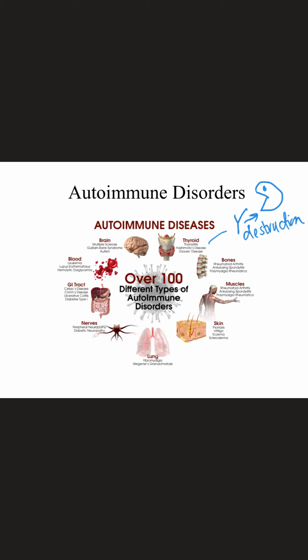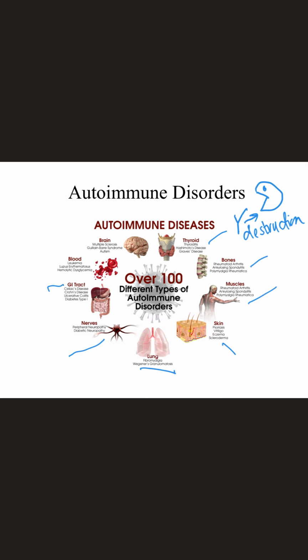hyperthyroidism. In bone, there's rheumatoid arthritis, polymyalgia rheumatica. We'll talk about rheumatoid specifically in this lecture briefly. We've got different muscular autoimmune diseases like ankylosing spondylitis. We've got skin disorders like psoriasis, eczema, vitiligo, scleroderma, fibromyalgia, in the lungs, neuropathies in the nerves.